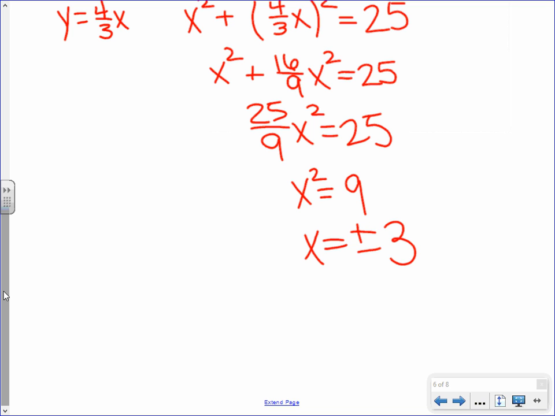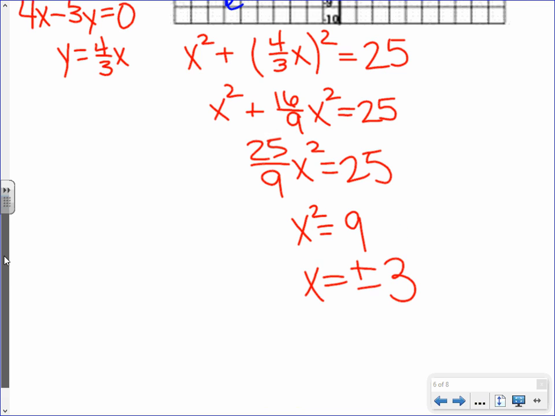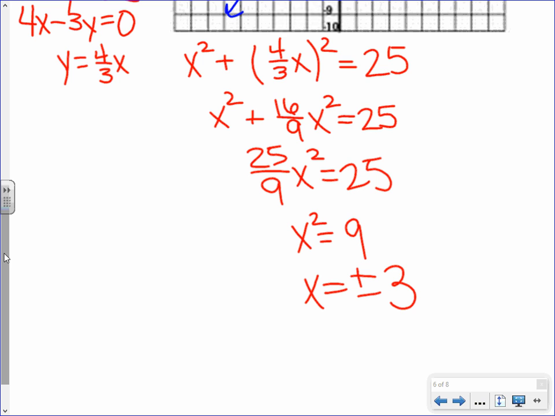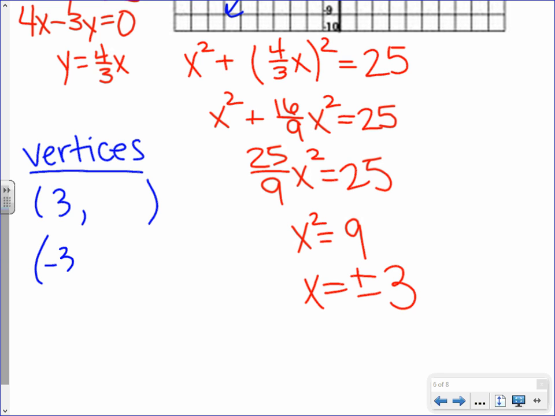So x is plus or minus 3. So our vertices: if we plug in 3 to y equals 4/3 x, our y value is 4. If we plug in -3 to y equals 4/3 x, our y value is -4.